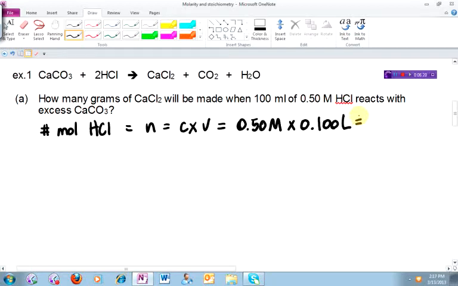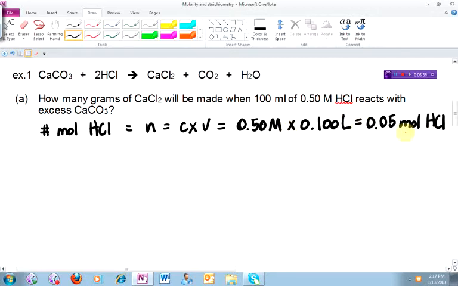When you plug those numbers in, that should give you 0.05 moles of HCl. So this is the number of moles of HCl that we're working with.